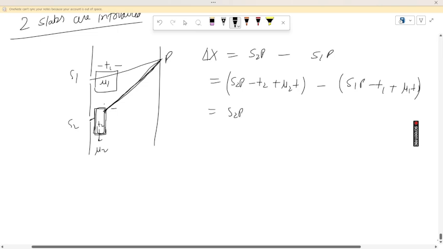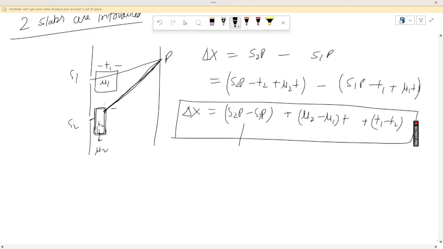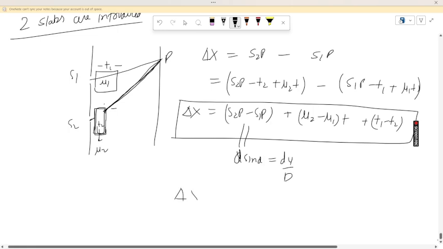Now S2P minus S1P plus (mu2 minus mu1) into t, or plus t1 minus t2. This is the path difference. Now we know this value is d sin theta, or dy by D. So the path difference is dy by D plus (mu2 minus mu1) t plus t1 minus t2. This is the path difference.